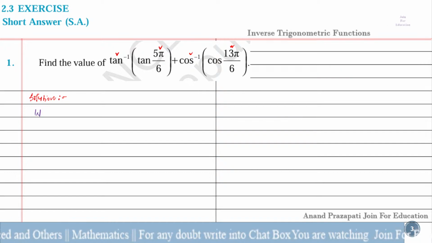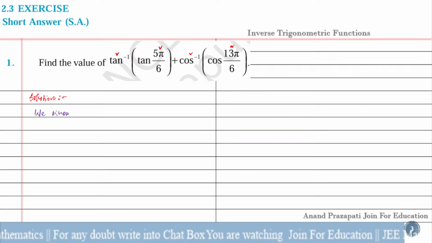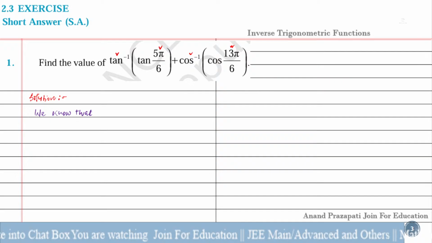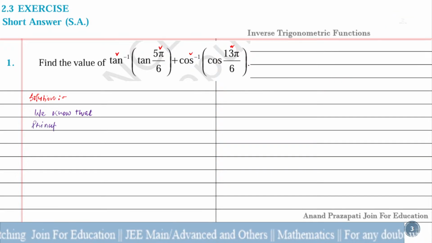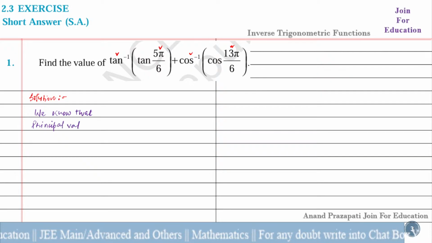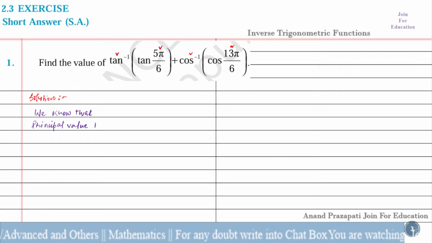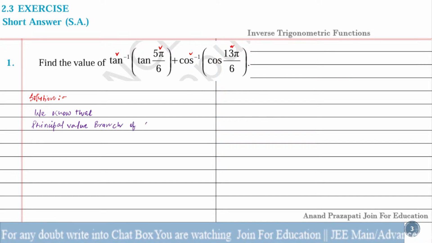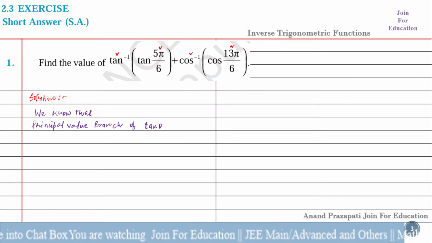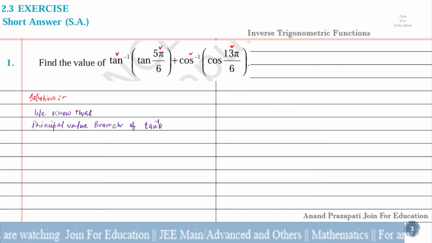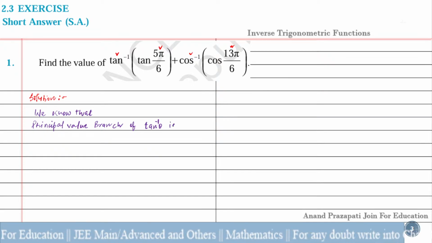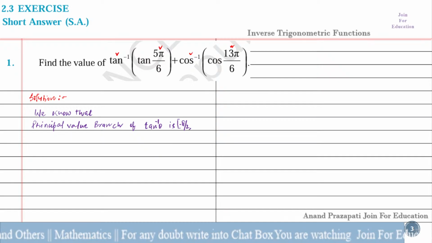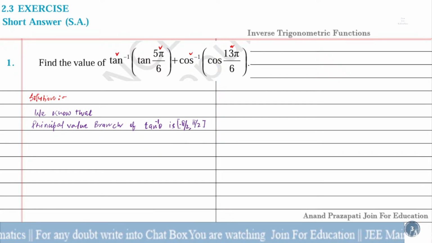We know that the principal value branch of tan inverse theta is minus pi by 2 to pi by 2 in the closed interval.